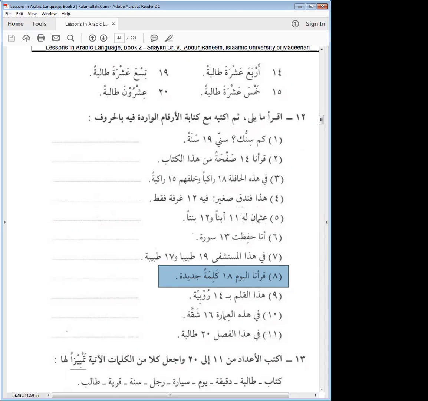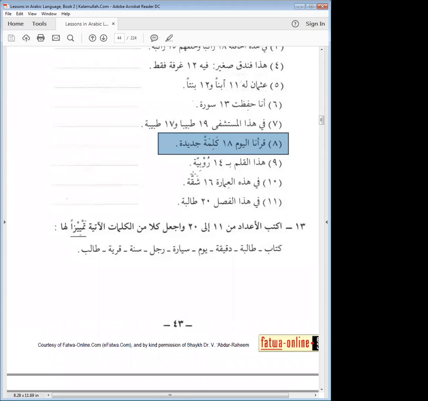Again we look at the معدود, it is feminine here. كلمة. So the first part of the number will be masculine. So we say ثماني, no ta marbuta there. ثماني عشرة, with the ta marbuta on عشرة. So ثماني عشرة كلمة جديدة. So we read today 18 new words. All right. Next one.